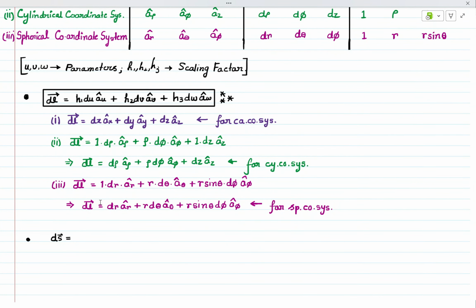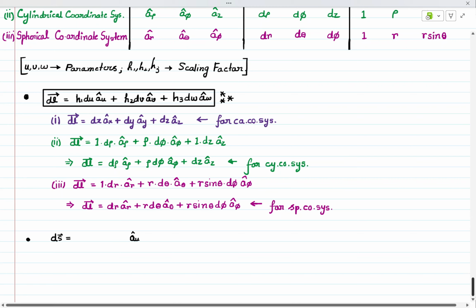What is the area ds? First of all, I am trying to write the area in the direction of au. Since u is used here to give the direction of this area, the remaining parameters v and w will be used to determine the magnitude of this area.